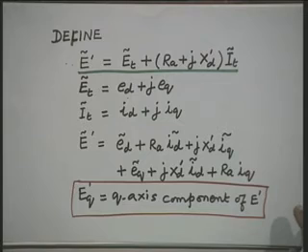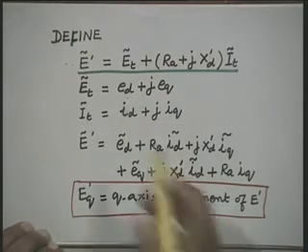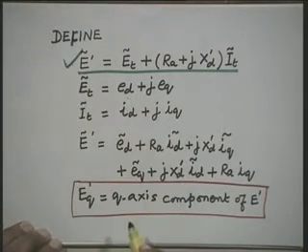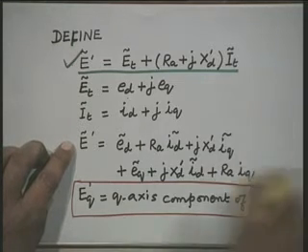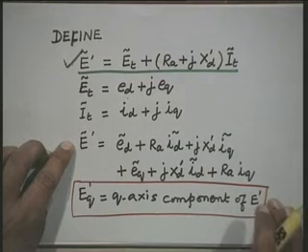Now, here one thing which we observe is that if you take this voltage term, then it has two components. One will be along the D axis, another will be along the Q axis.